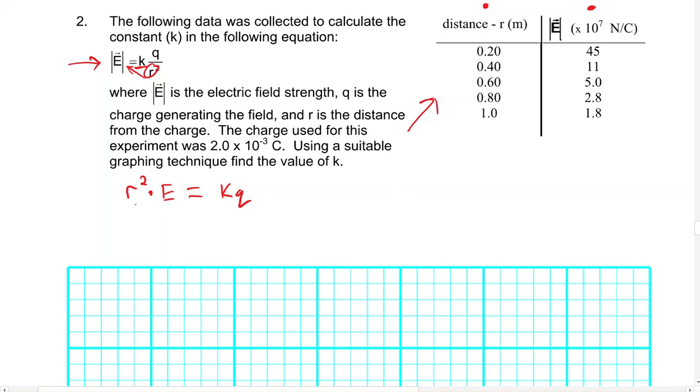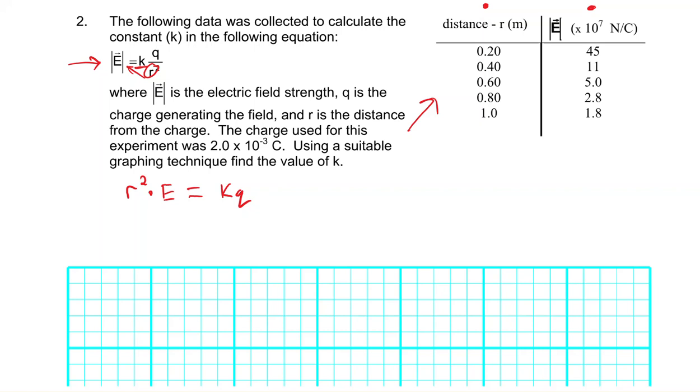I could change this to 1 over R squared, or I could change this to 1 over E. You'll get the same answer either way. I'll change it to 1 over R squared, so that I've only got to make one more column.